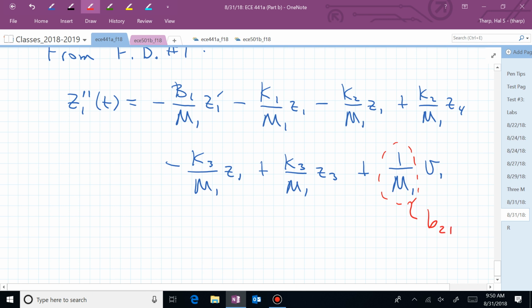Is it B sub 2 sub 1? It's in the second row of the B matrix, and it's in the first column because it's multiplying the first input, the applied reference input. What's the A11, or I'm sorry, the A21 entry?